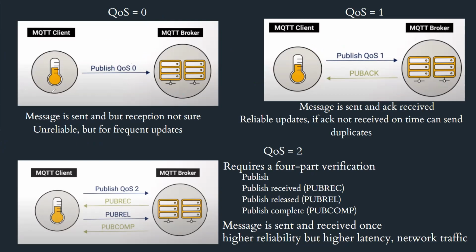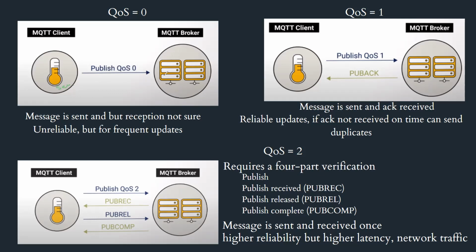That means the sensor is making measurements and publishing to the MQTT broker. However, the sensor-based embedded system does not expect an acknowledgement from the MQTT broker. So in this case, the sensor does not know whether the data has been reliably sent to the MQTT broker or not.